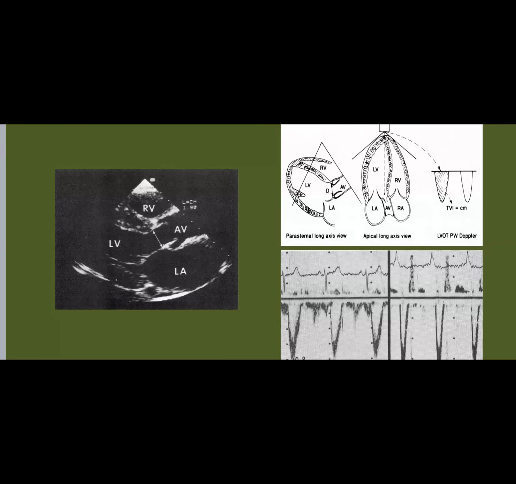Okay? Now, does the stroke volume always correspond to the ejection fraction? In other words, if I calculate the ejection fraction by Simpson the way I do, and I find that the ejection fraction is 65%, my stroke volume is say 30 or 28 ml, so it's low.